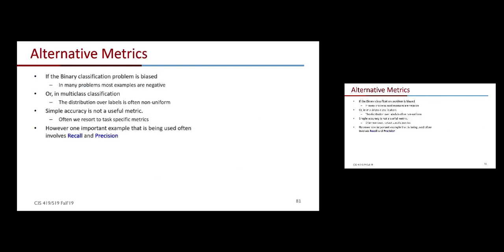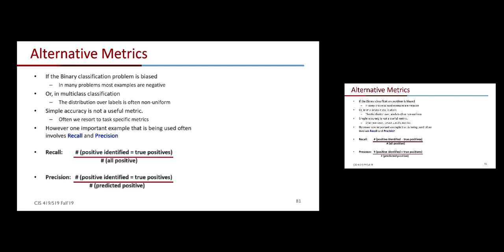This is even more important when we talk about multi-class classification. If you have 10 different labels, it's rare that you see that they're uniform, and you want to be able to measure your performance for each class label separately. So what we do instead is we use something that is called recall and precision. I'm talking again about the scenario of binary classifiers. It's easier this way.